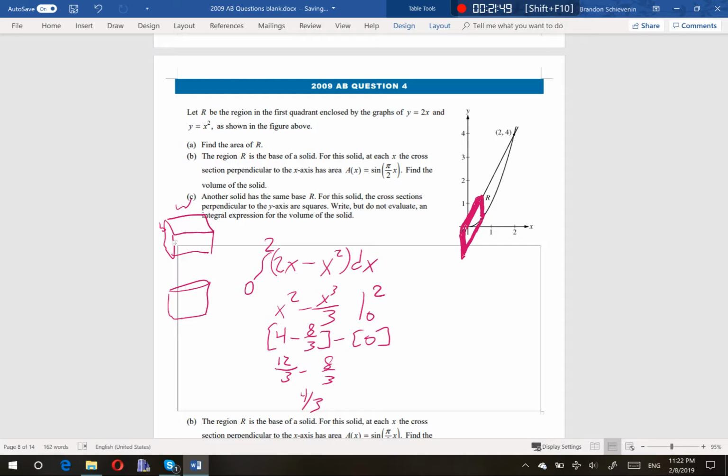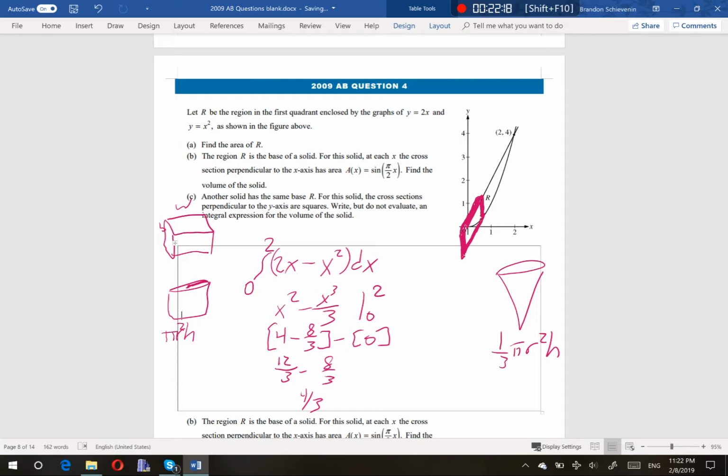That's a cone: 1/3 pi r squared h. If you have a right cylinder, how can I find the volume? Pi r squared times the height.